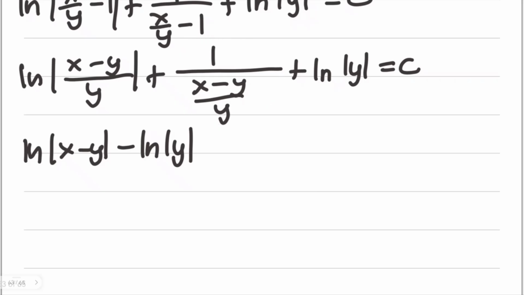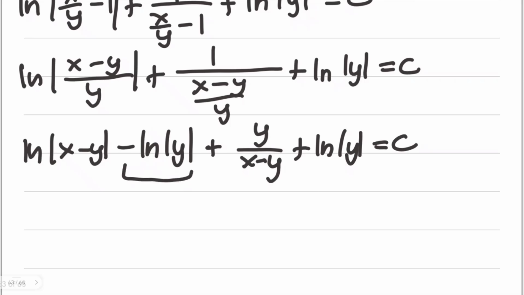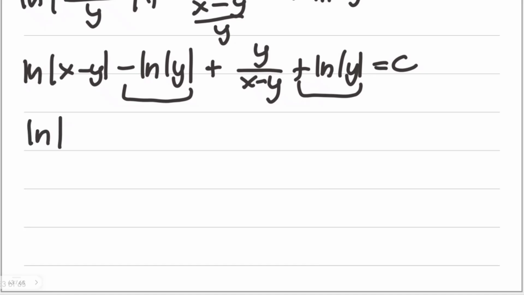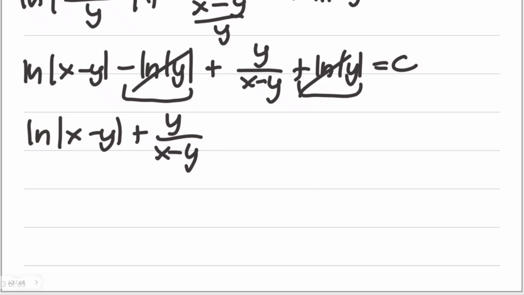This is equal to plus y over x minus y, using the keep-change-flip method, plus the natural logarithm of y is equal to c. We have this, we have that, so that will be cancelled. So you will have the natural logarithm of x minus y plus y over x minus y, is equal to c.